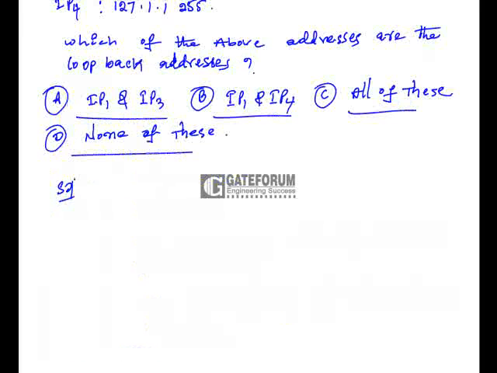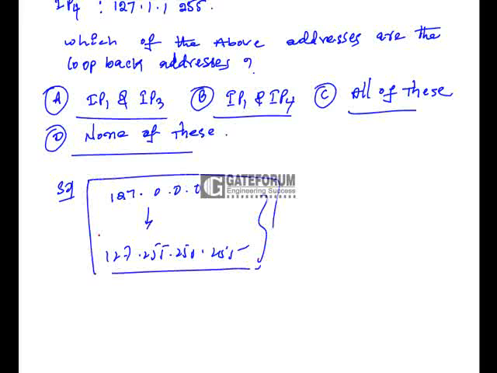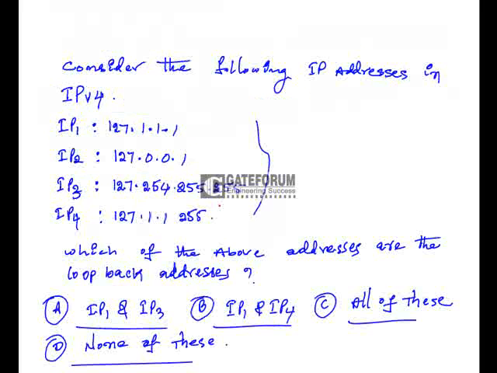Loopback address means testing the same machine, whether it is working or not, by sending some echo packet. Normally the addresses from 127.0.0.0 to 127.255.255.255 come in the loopback range. Any address within this range is a loopback address. So all the addresses are in this range only. So all of these. Option C is the right option.